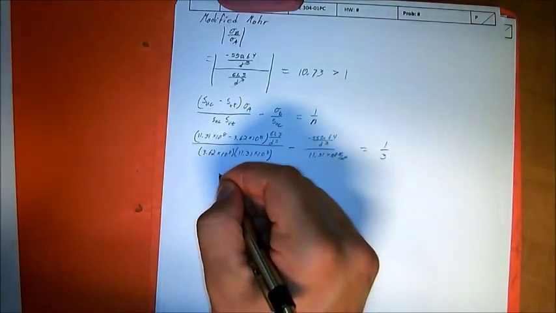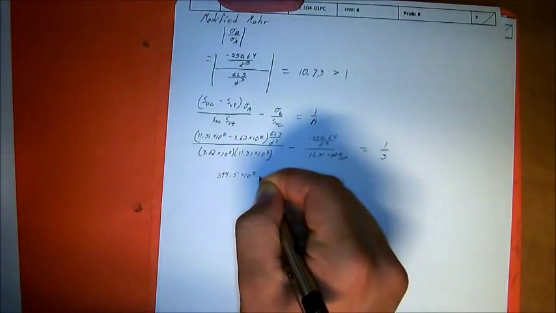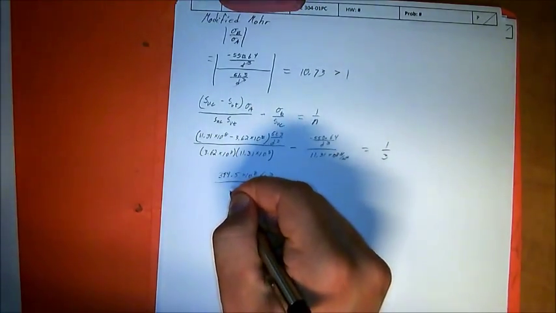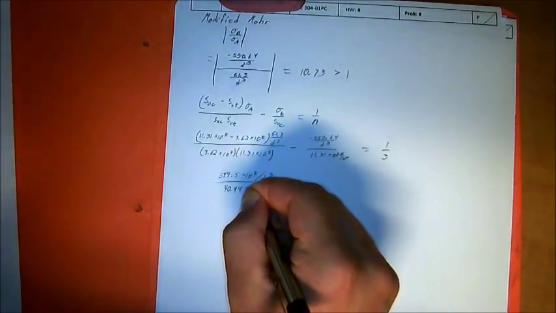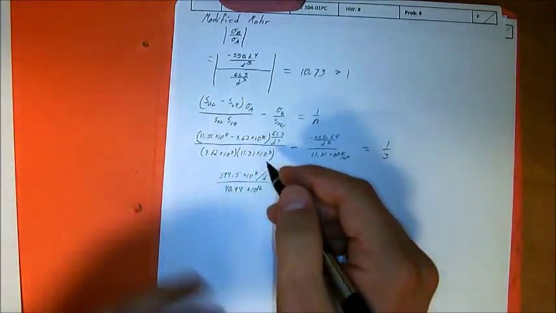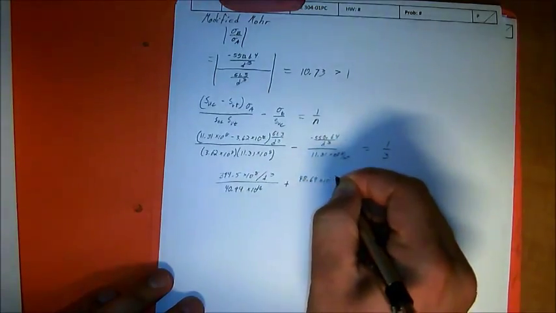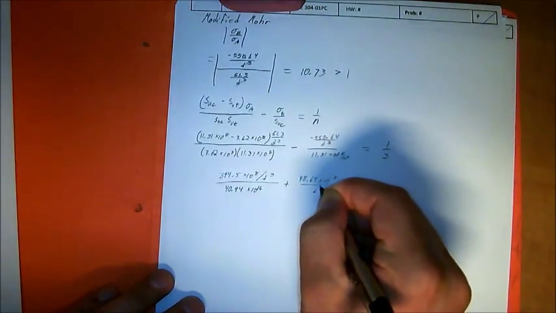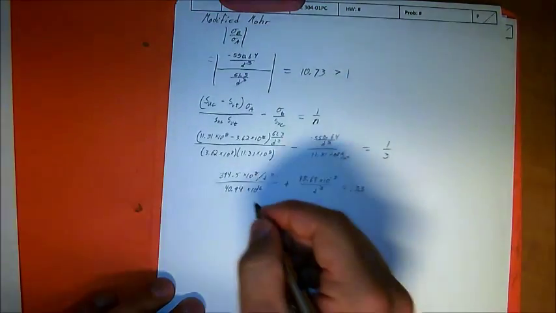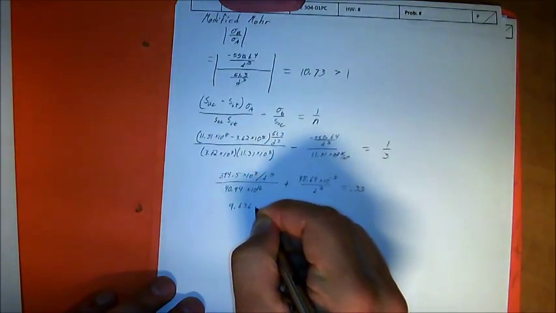And Newtons per meter squared. And then 1 over 3, because we still have a factor of safety. Now, going through and doing all this stuff, we end up with 39.45 times 10 to the 8 divided by d cubed all over 40.94 times 10 to the 16 plus 48.69 times 10 to the negative 8 all over d cubed is equal to 0.33.